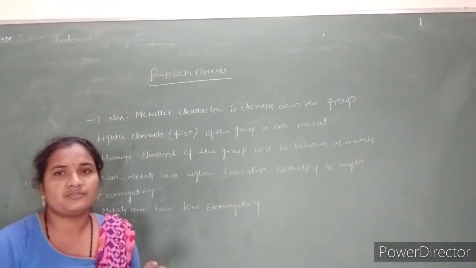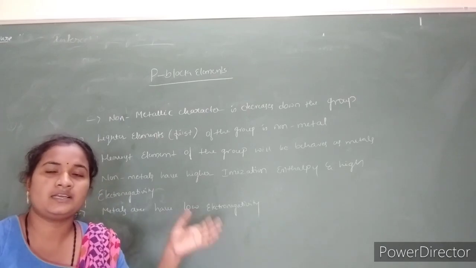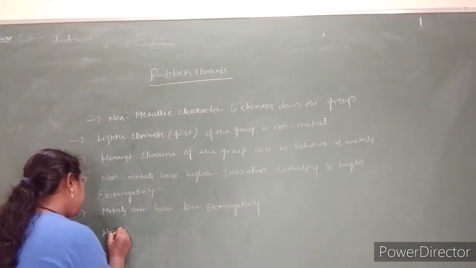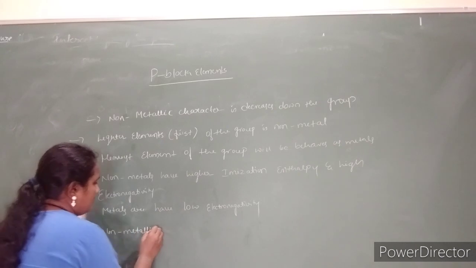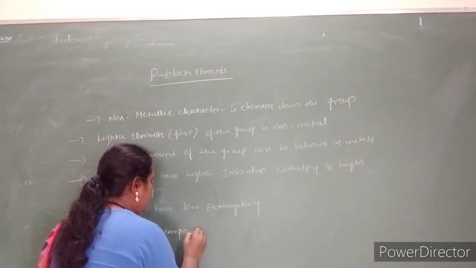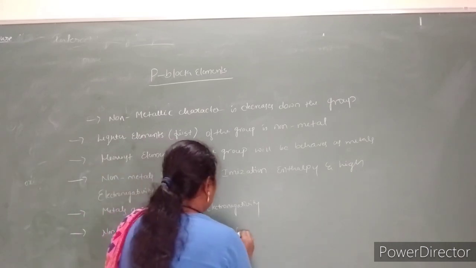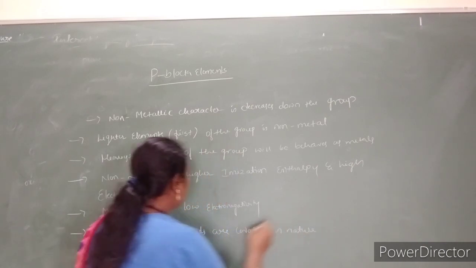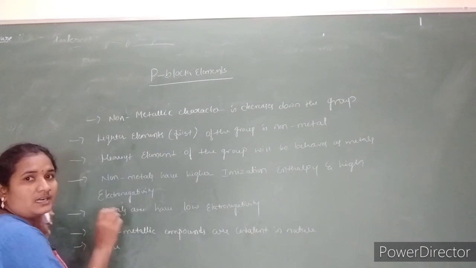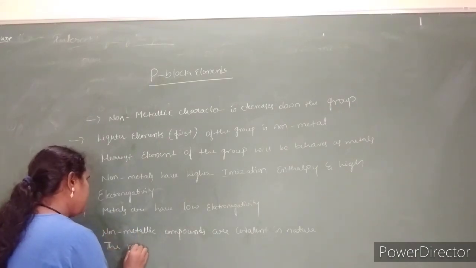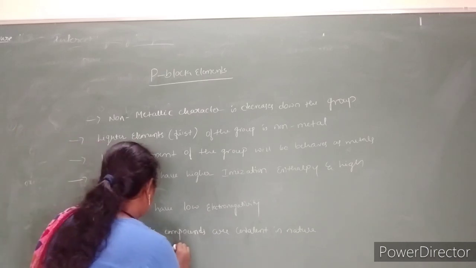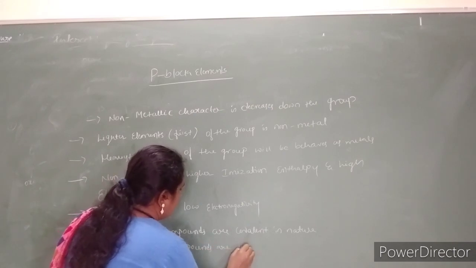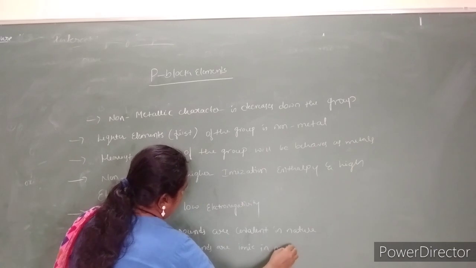If you see the properties of compounds, non-metallic compounds are covalent in nature, and metallic compounds are ionic in nature.